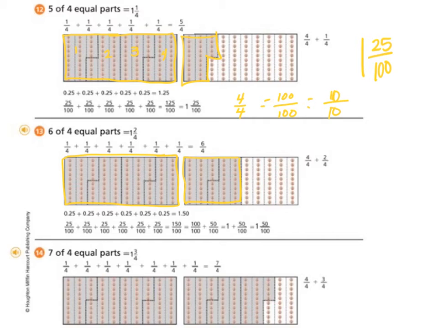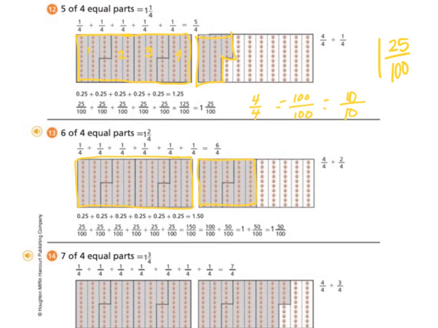Okay. Let's see. JJ, haven't called on you yet. Can you share with me the fraction and the decimal for that number 13? Okay, how about Jack?